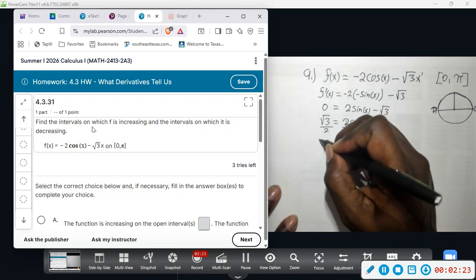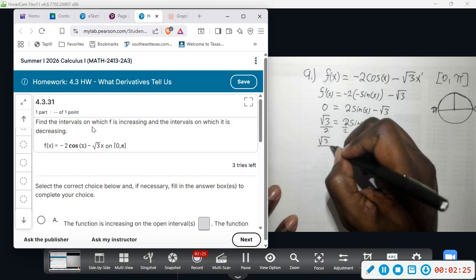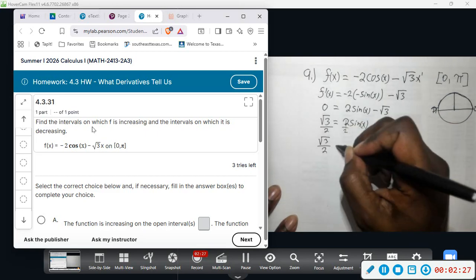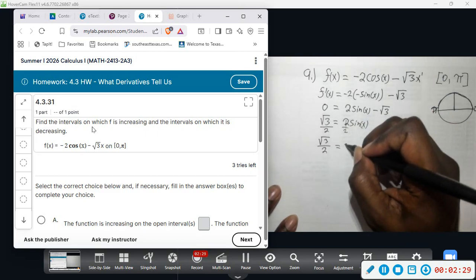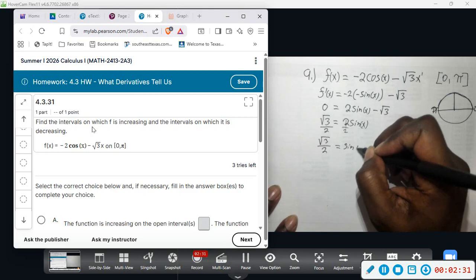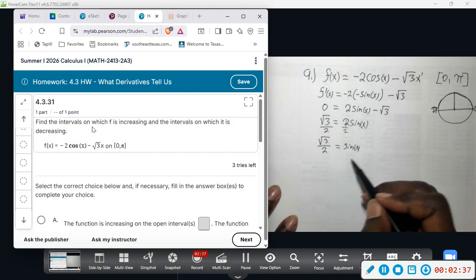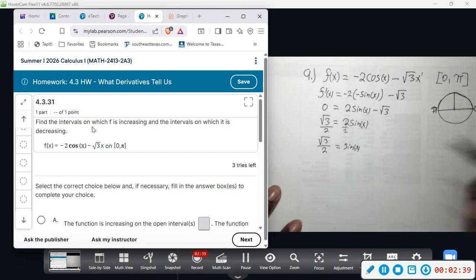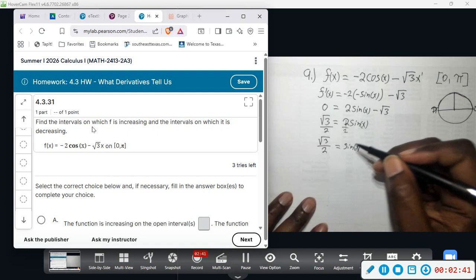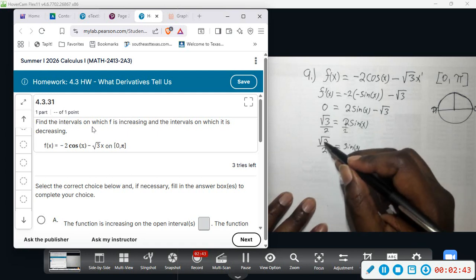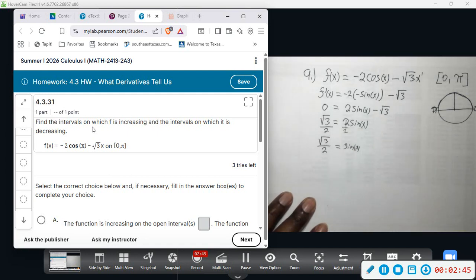And so we get square root of 3 over 2 equals sine of x. And from here you would do the inverse sine, but it's not easy to figure out those from the calculator. And so I'm going to just kind of point out the x values that give us square root of 3 over 2. So on the unit circle, we have ordered pairs.